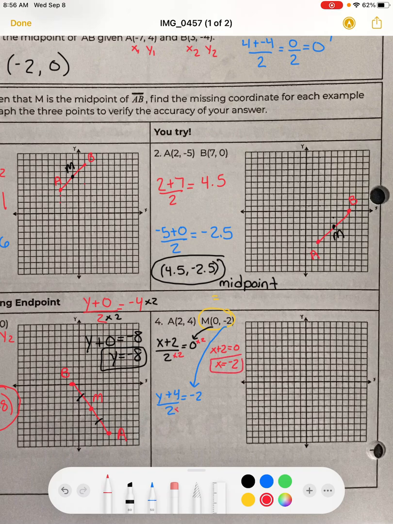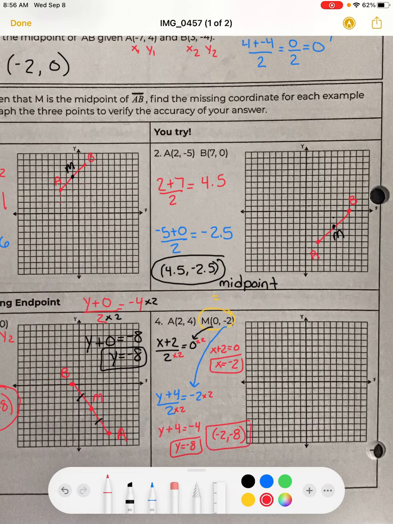Let's do the same thing down here on the y's. y plus 4 equals negative 4. Subtract 4 from the other side, and I get y equals negative 8. So we want to see if the point negative 2, negative 8 will be the other endpoint in the picture.